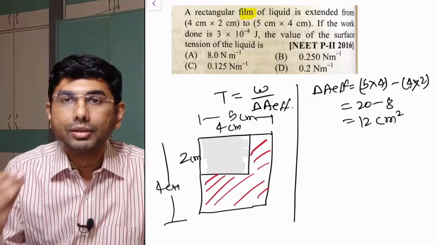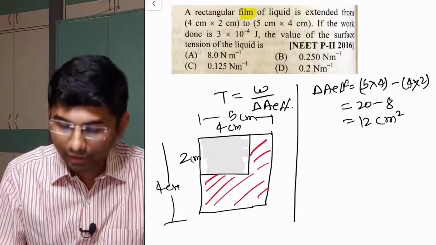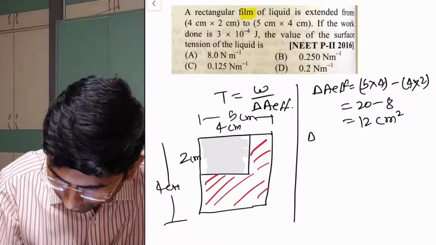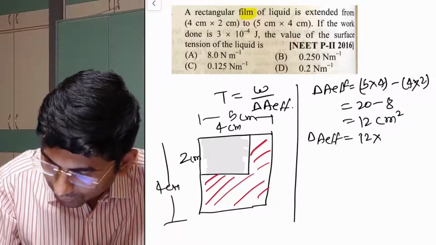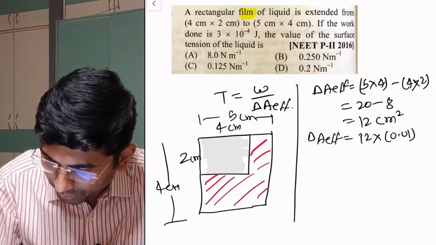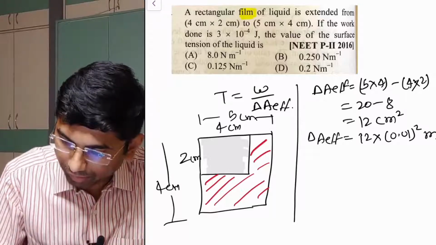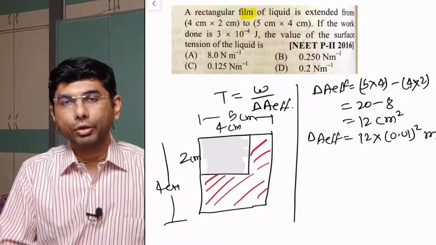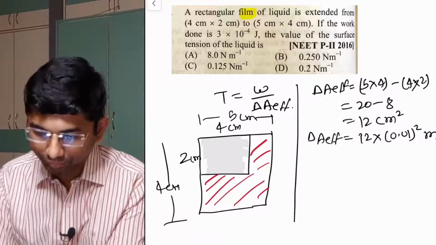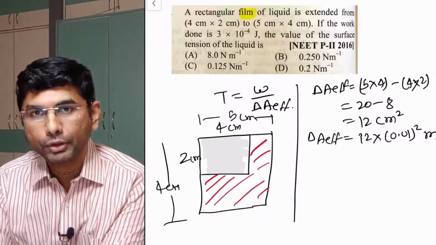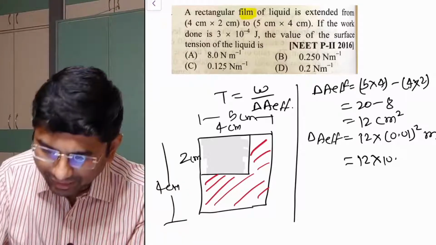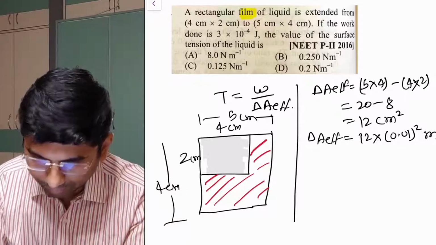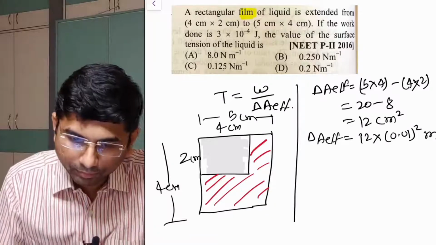I want area to be in terms of meter. Now how to convert it into meter? 12 into, centimeter to meter is what? 0.01 whole square. That will be meter. 1 centimeter is equal to 0.01 meter. Otherwise I can keep it like that, doesn't matter. This is sufficient for us to know.